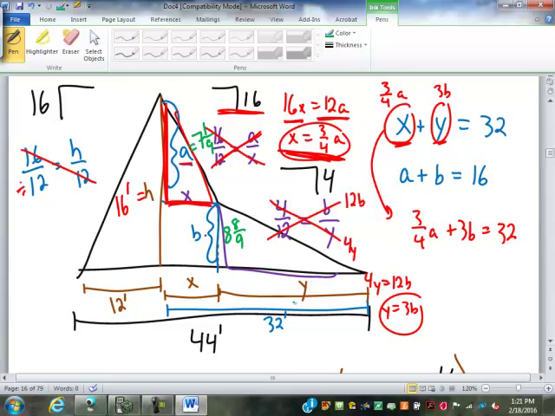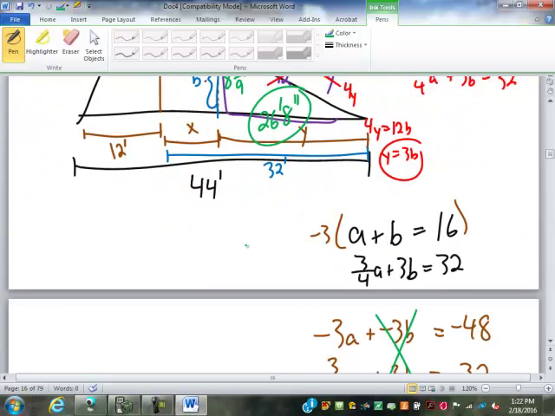So that makes y. Hold on. y equals 3b. Y equals 26 feet 8 inches. Where did I get that? y equals 3b. b is 8 8/9, right?